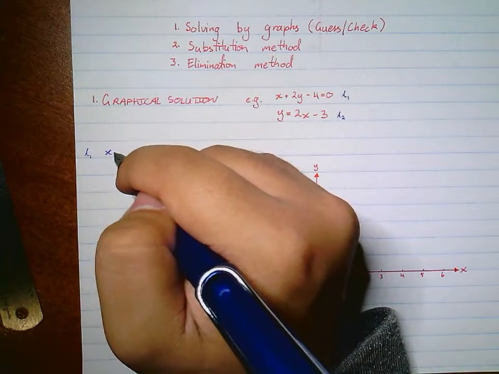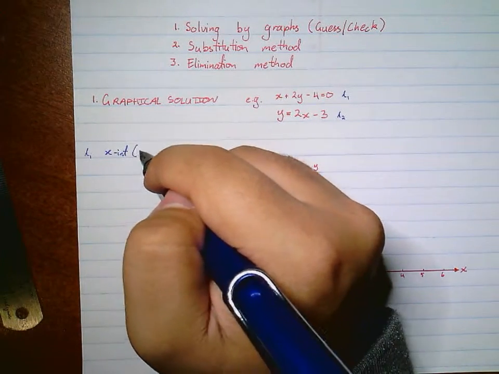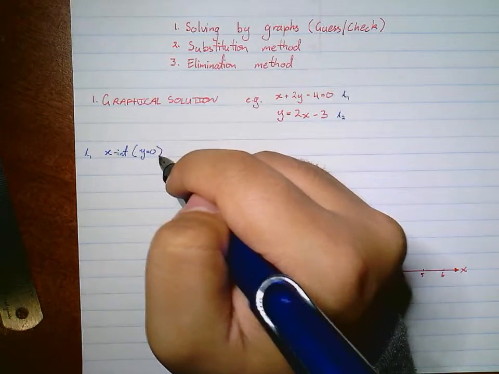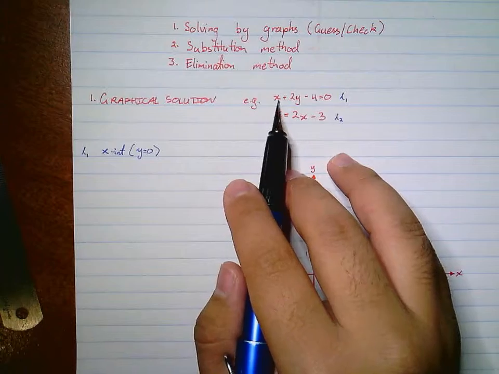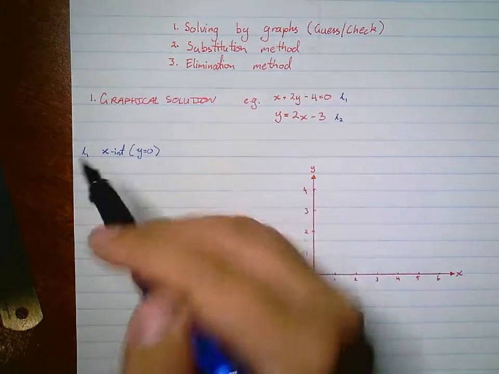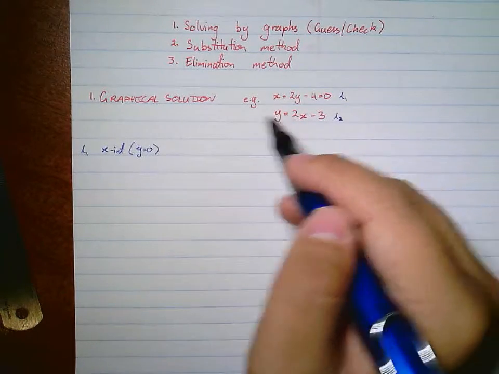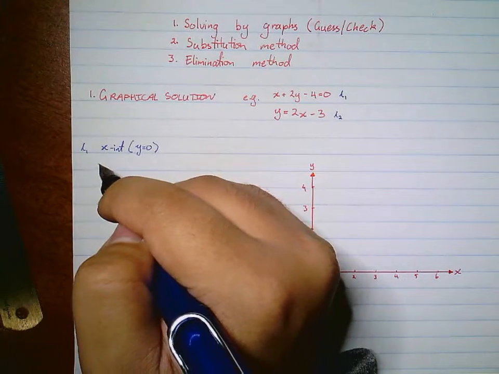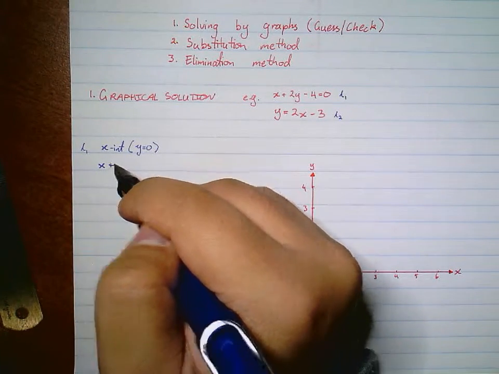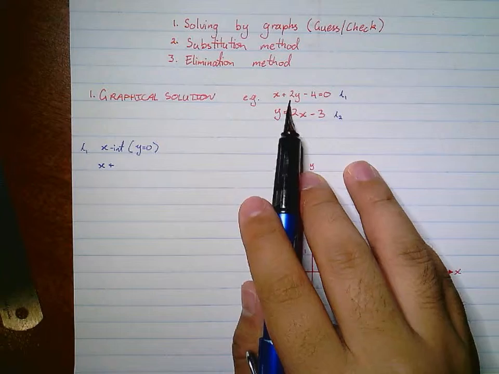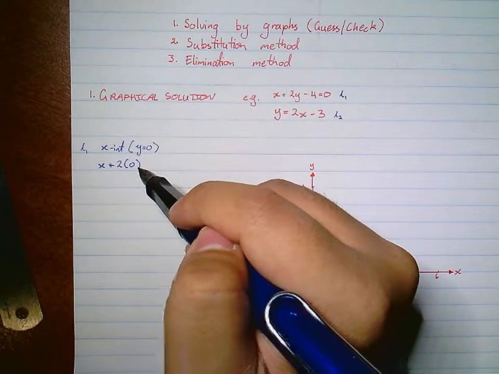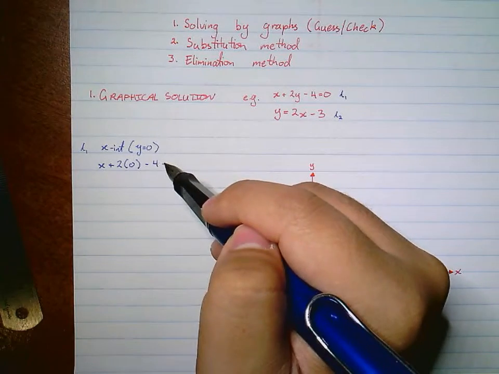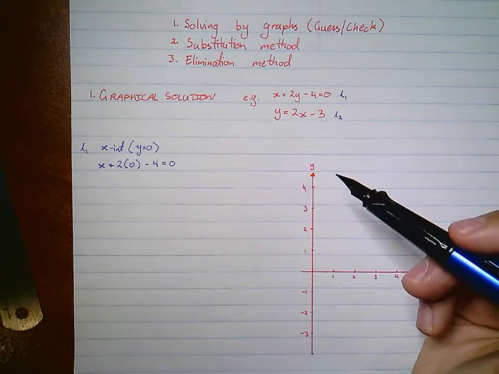Let's find the x intercept, and we know that y is equal to 0 at that point. So let's take the equation and we're going to substitute 0 for y. So we have now x plus 2 times 0 minus 4 is equal to 0.